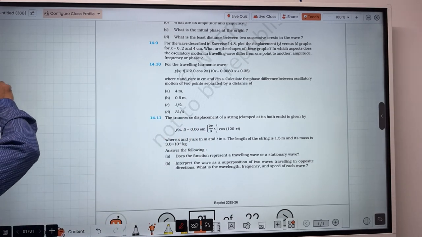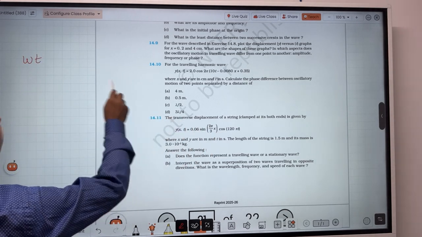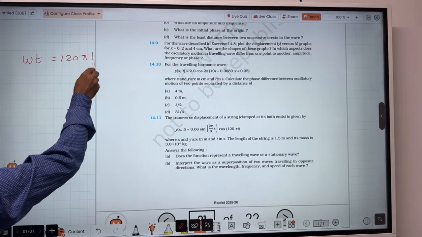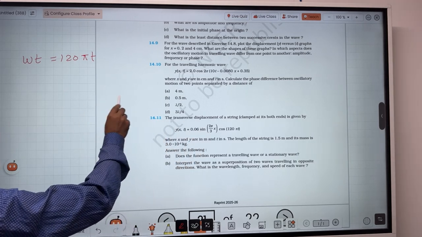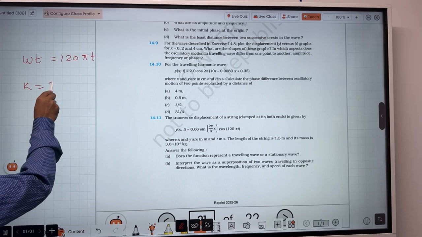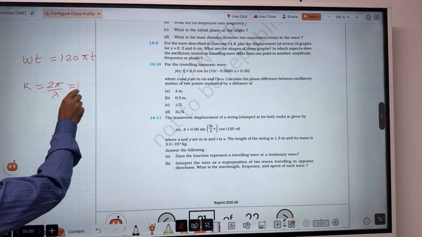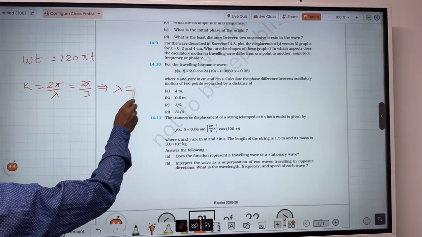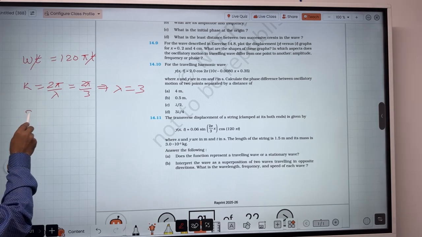Omega t, here this is k, so omega is 120 pi and t, right? And this is kx. So k will be 2 pi by lambda equal to 2 pi by 3, which gives lambda equal to 3, and from here t will cancel out.